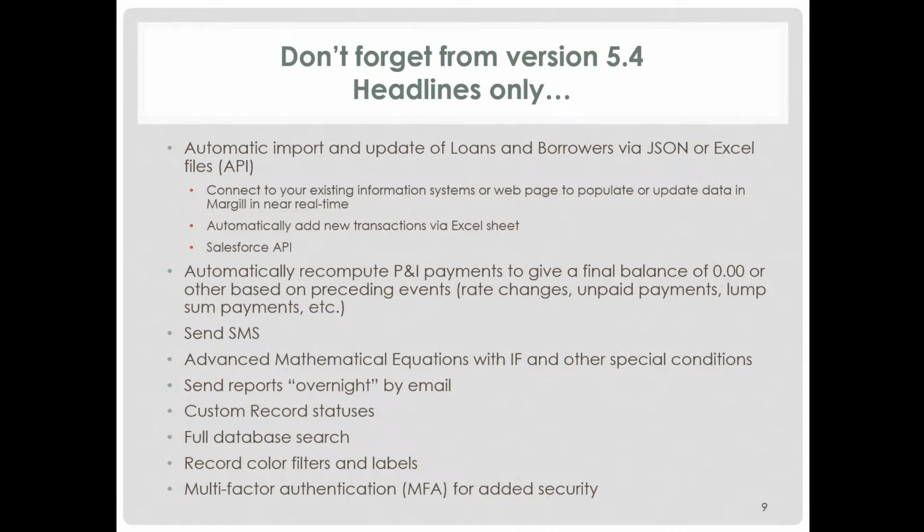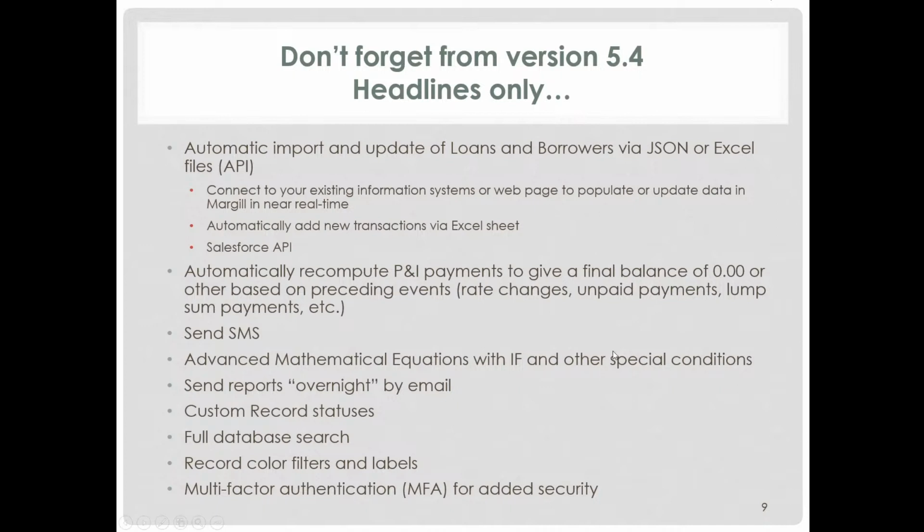You can also add new transactions via an Excel sheet. If you're using Salesforce, a CRM, there's an API directly for Salesforce. And in Salesforce, it's usually to update borrower information or to add borrower data into Margill. Less for loans per se.